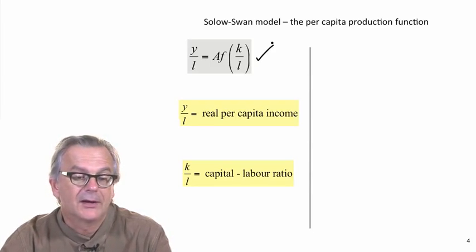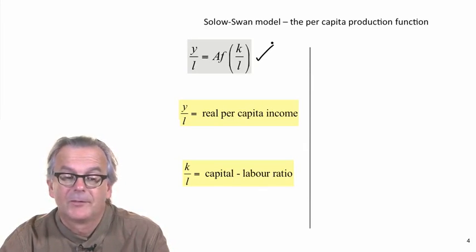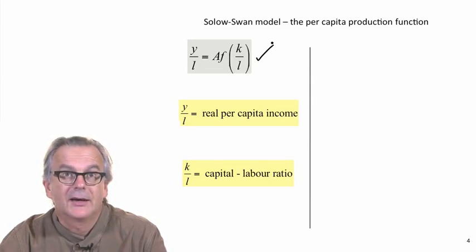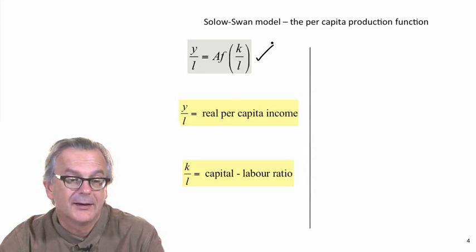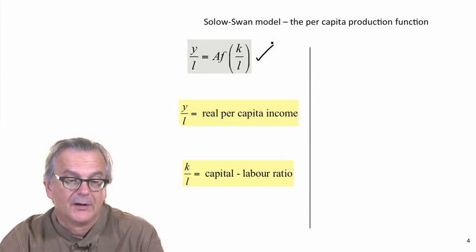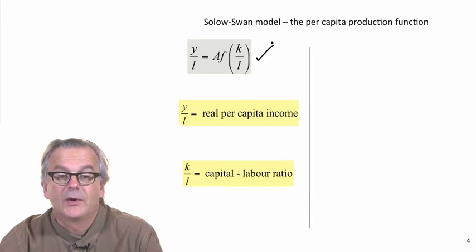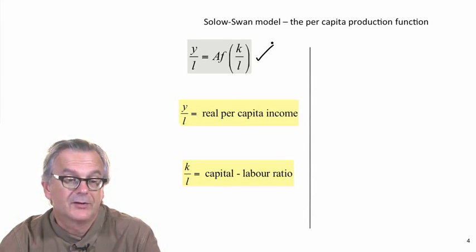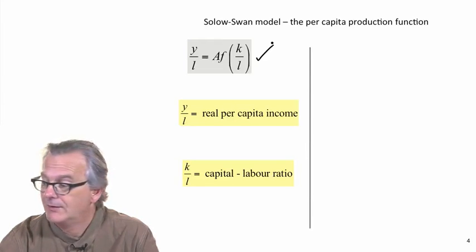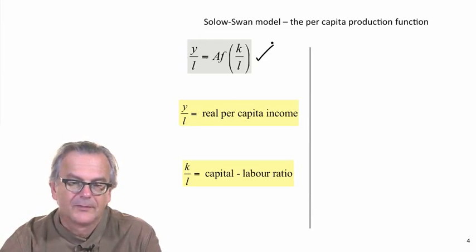So on the left-hand side we have real per capita output for the economy, which we know is the same thing as real per capita income. On the right-hand side we have total factor productivity, represented by the letter A, and a function of the capital labour ratio. So it's telling us what we discovered from our diagrammatic treatment of the per capita production function, that what matters for per capita income is the capital labour ratio and everything else that gets collected in that total factor productivity term.